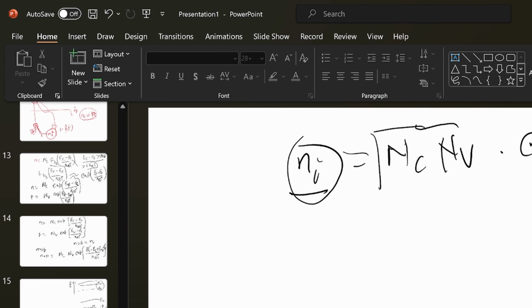If the band gap Eg is less, ni will be very high, so the tunability of the carrier concentration is very little. If ni itself is 10 raised to power 15 per centimeter cube, we cannot tune the conductivity that much.